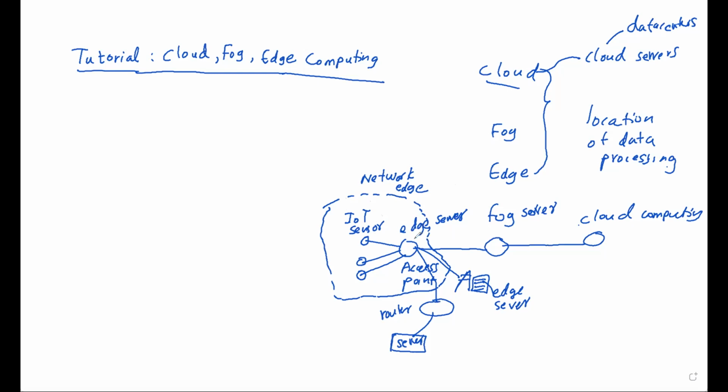So the computation done at the edge server is known as edge computing. So those are the three basic computing types we have, and once we take IoT applications, we can consider all these three types of computations.